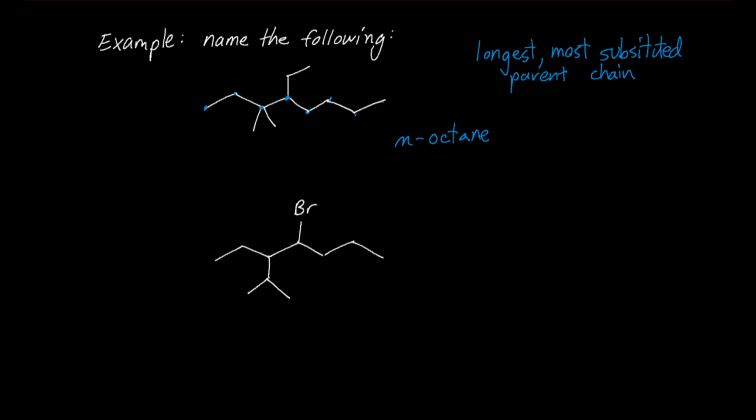To number it and to give the substituents the lowest set of numbers, I would number it from left to right. But that is not always the case, and chemists don't necessarily always go left to right, right to left, up, down. We go in all different directions as need be, because we're dealing with really three-dimensional objects that can just rotate and flip around. We have 2 methyl groups at carbon 3 and an ethyl substituent at carbon 4.